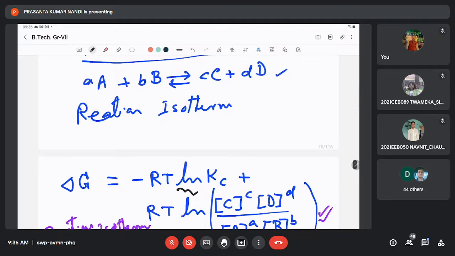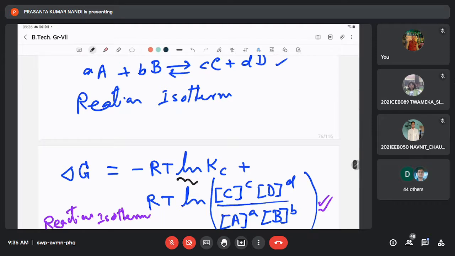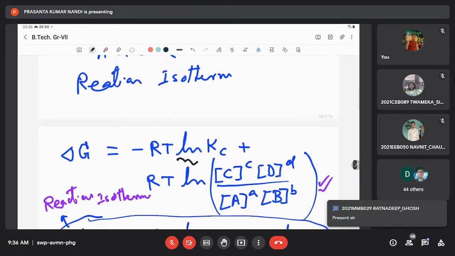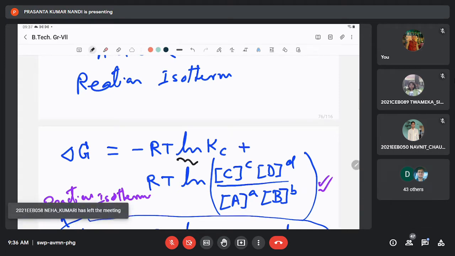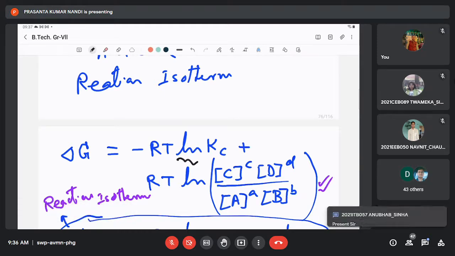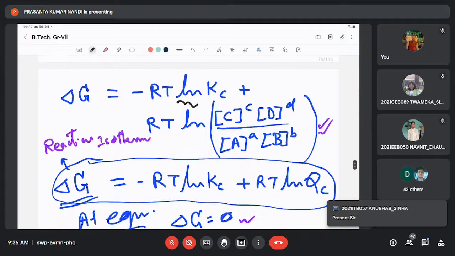Normally, we express the equilibrium constant like this: the concentration of product C raised to the power c, D raised to the power d, where the exponents come from the balanced stoichiometric coefficients, right? Now, the concentrations within the parentheses do not represent the equilibrium values. So we can write it in compact form: delta G equal to minus RT ln Kc plus RT ln Qc.